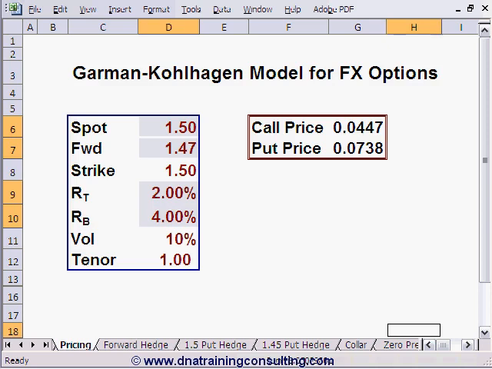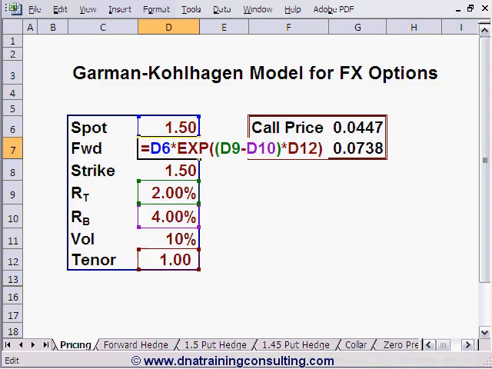Please recall, incidentally, that the forward is not an input here, but an output, while all other 6 terms in column D are inputs.